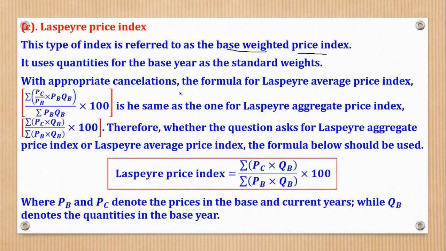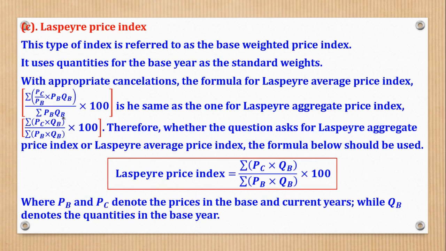So with appropriate cancellation, the formula for Laspeyres average. Remember, now average, like I told you, instead of using QC, we shall be using QB. So with appropriate cancellation, you realize that this formula for Laspeyres average price index and this formula for Laspeyres aggregate price index, they will be the same.